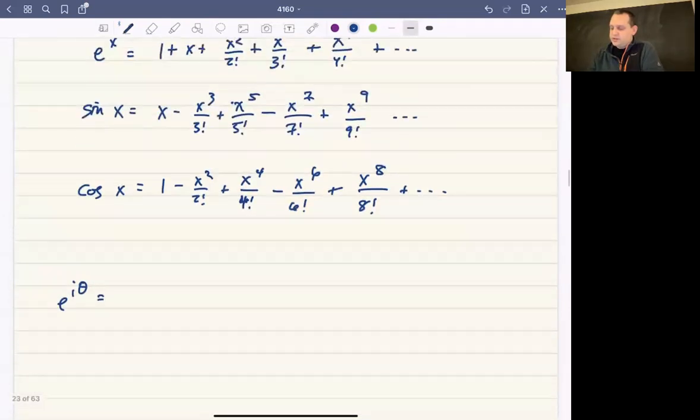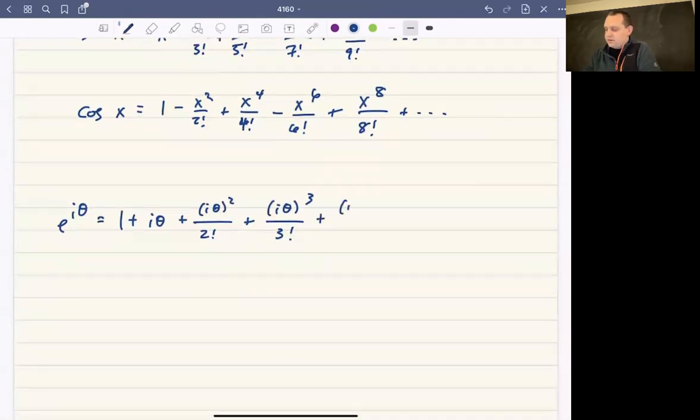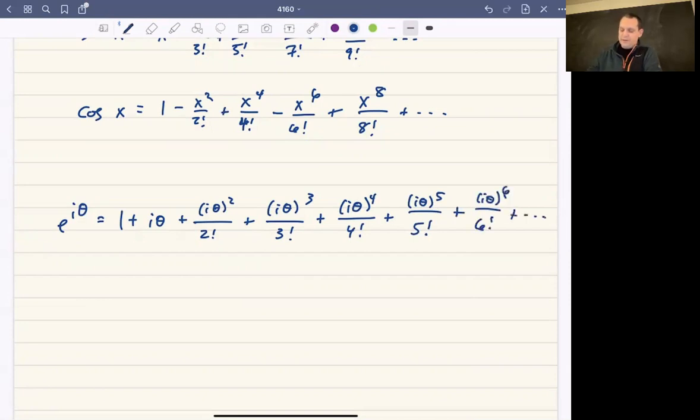So this is going to be 1 plus i theta plus i theta squared over 2 factorial, i theta cubed over 3 factorial. Let's go up to the 6th power at least. i theta to the 4th over 4 factorial, i theta to the 5th over 5 factorial, i theta to the 6th over 6 factorial. And let's stop there.